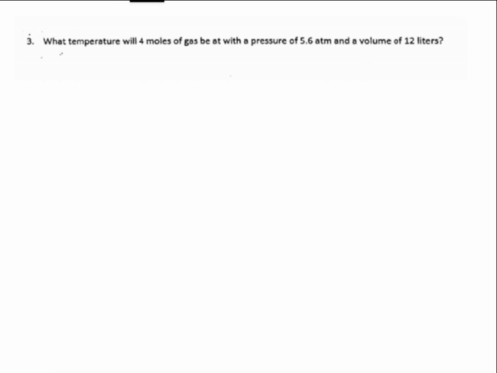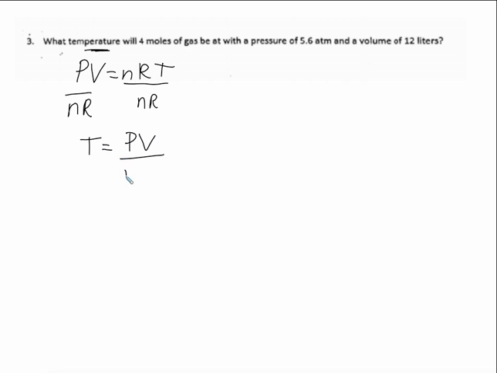Okay, this one says, what temperature will 4 moles of gas? Right away, I see temperature and 4 moles, so that lets me know that I'm going to be using PV equals nRT. And it says what temperature, so I'm just going to solve right away for what T is with the variables. I'm going to divide both sides by n and R, and so I get that temperature is equal to PV over nR.